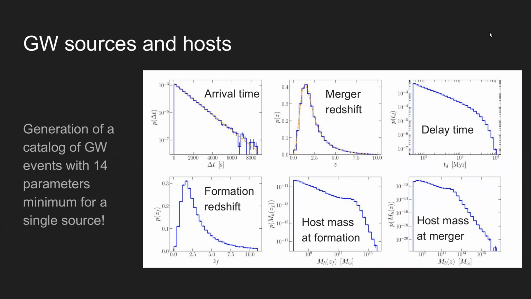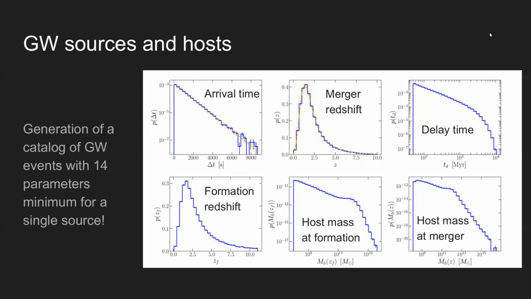First, we worry about sources and hosts. And then you can ask yourself, okay, a model for binaries living in matter halos. How many parameters do I need to describe this model?